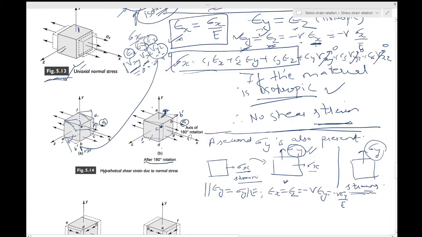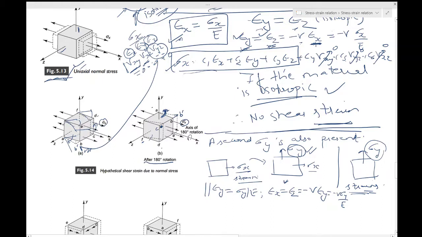Okay, and you can think about it again from any thought process which appeals to you, that because of this linearity it wouldn't really matter. If sigma x was there, the strain which they will produce is independent of each other.